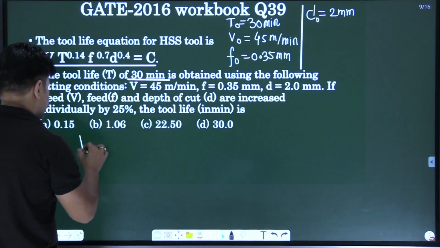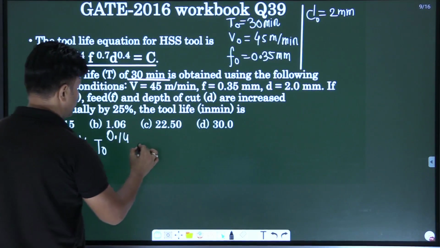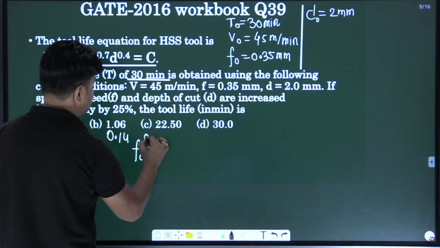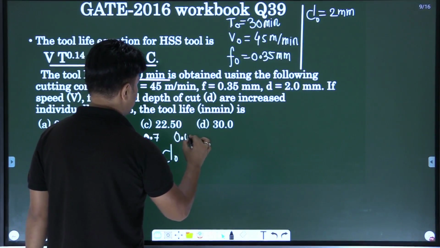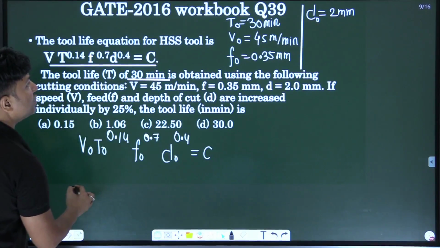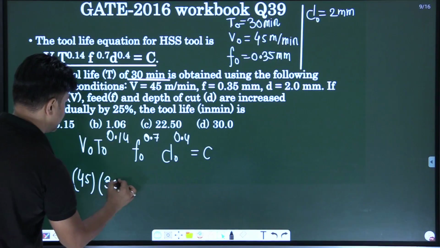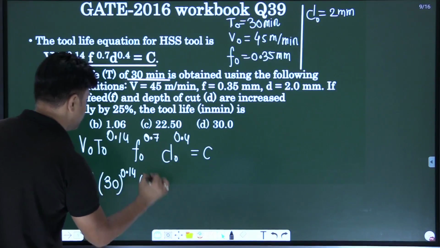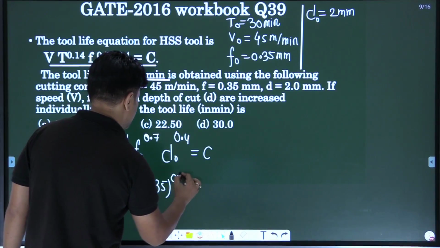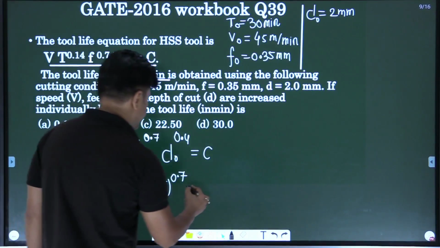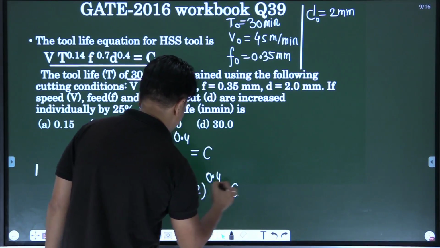And you know from the equation that V0 T0 to the power 0.14, F0 to the power 0.7, D0 to the power 0.4 equals C. Now V0 is 45 meter per minute, T0 is 30, to the power 0.14, F0 is 0.35 to the power 0.7, and D0 is 2 mm, 2 to the power 0.4, equal to C.